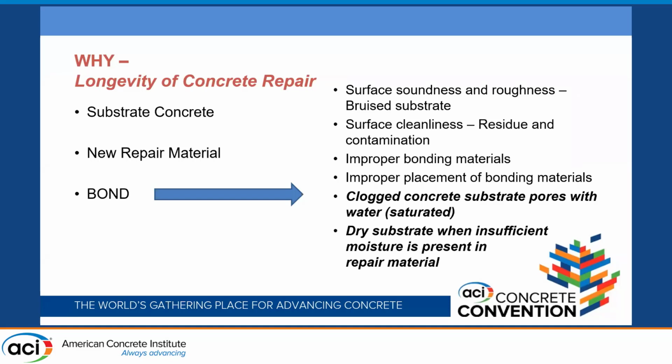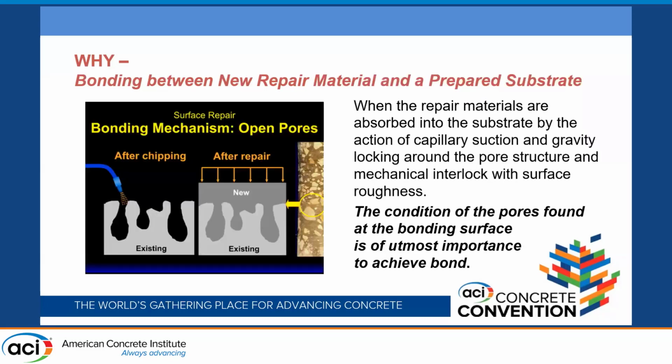The last two items I have here are a concrete substrate soaked with water, which is referred to as a saturated condition, and an overly dry substrate, where insufficient moisture is present in the repair material. Those two also affect the bond heavily, and this is what we want to talk about. So, looking at the bonding mechanism in a very simple way: after chipping the concrete, the substrate at or near the surface is left with a lot of open pores, as shown in the picture on the left.